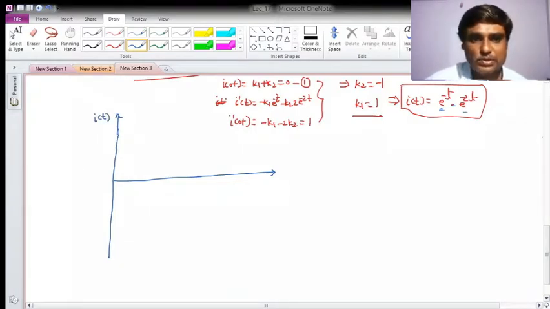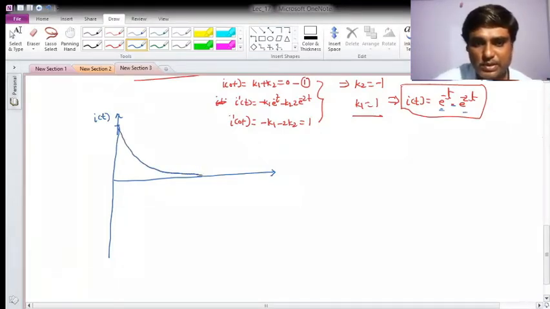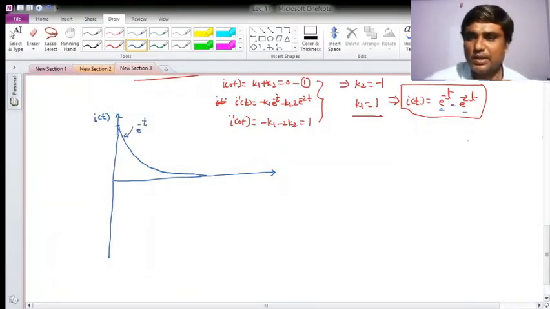So e raised to minus t is like this. This is one term which is exponentially decayed. Next is minus e raised to minus 2t, so suppose this is 1 and this is my e raised to minus 2t part.